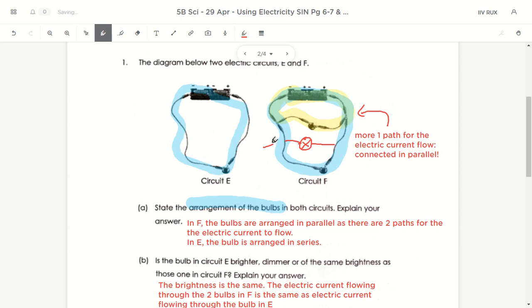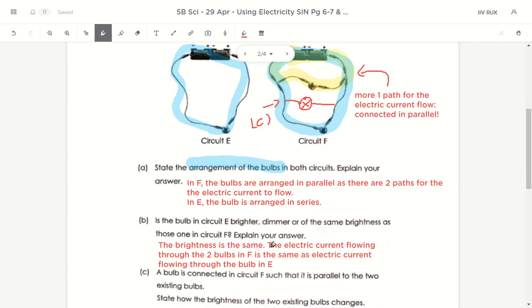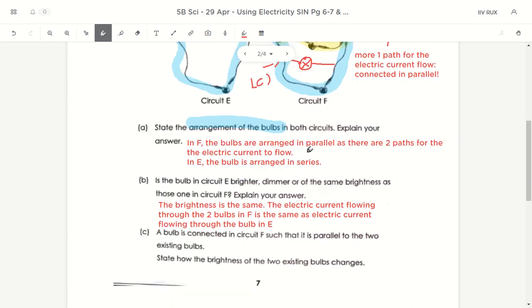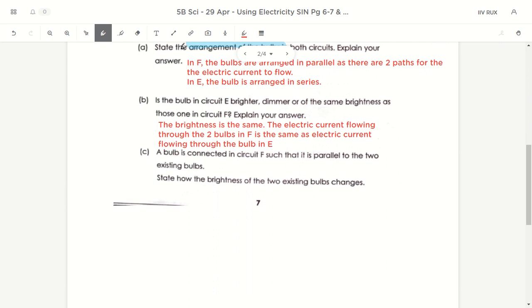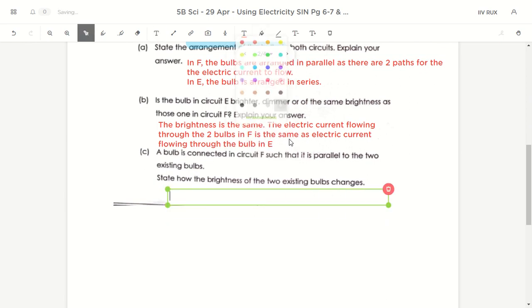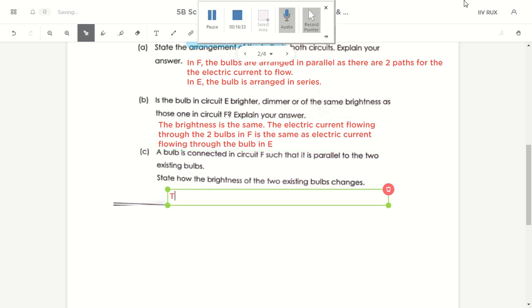This is for part C. If I connect a bulb in F that is parallel to the two existing bulbs, around here, will the brightness change? The answer is no. The brightness will still remain the same.